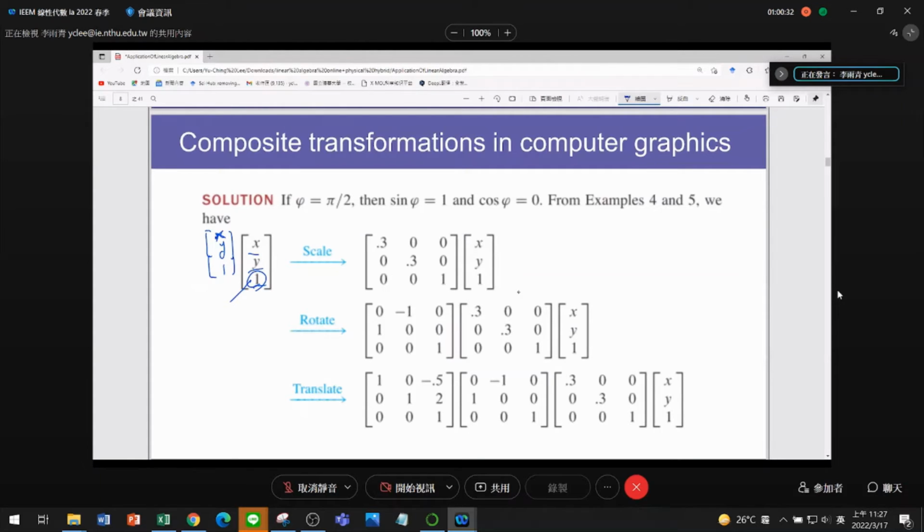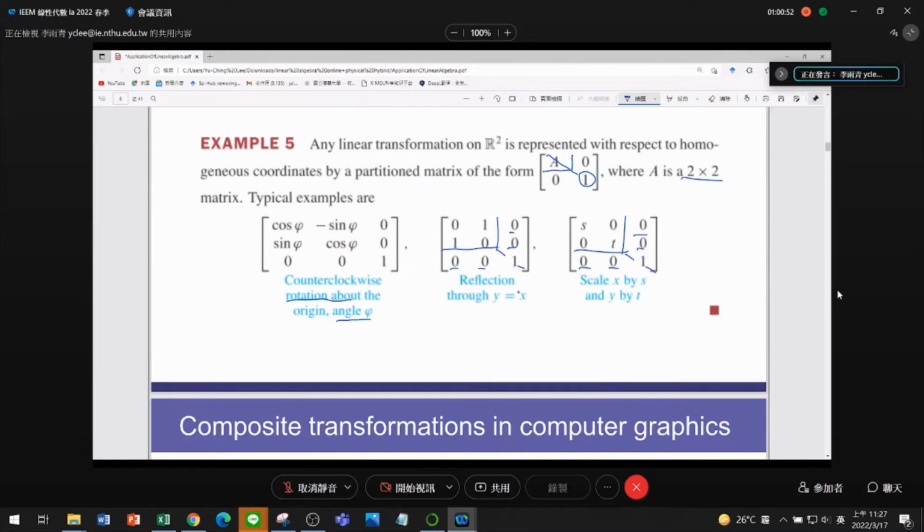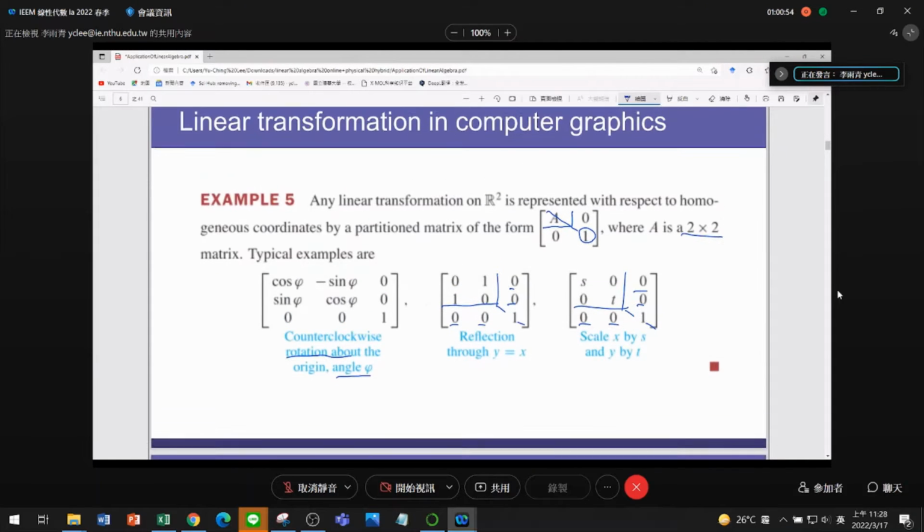OK，那我们在第三维度加了一个一之后，我们就有办法在 homogeneous coordinate 上面做操作。那 scaling 的动作是对应到这个矩阵，前面我们有看到过。为什么 scaling 是这个矩阵呢？我们可以看一下，就是 scaling is this matrix.